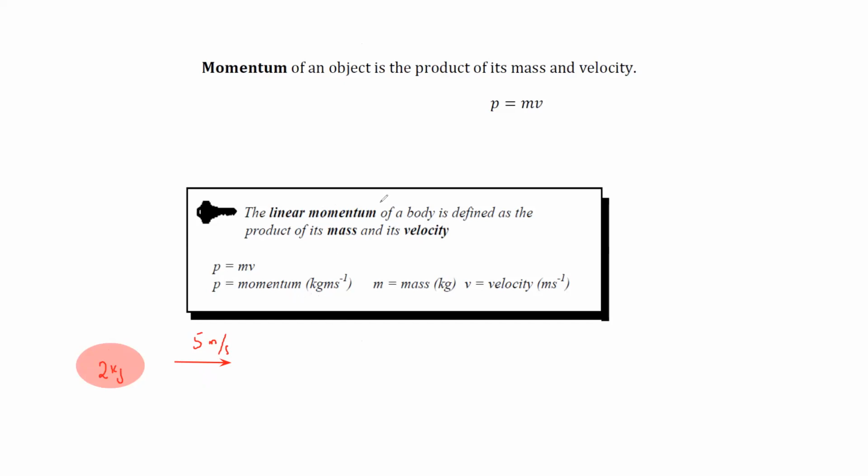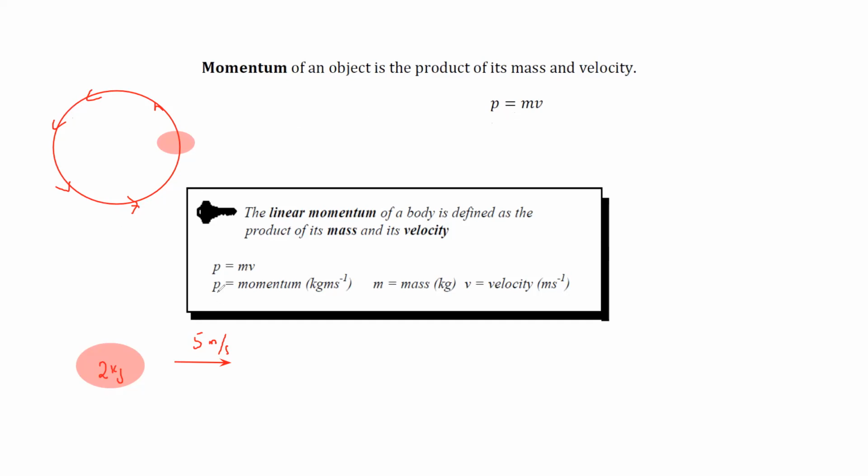Because momentum can be linear, it can be angular. Linear momentum means the object is moving in a straight line, whereas angular momentum means the object is moving in a circular path. So when an object is moving in a circular path, we call that angular momentum. In this session, we'll only discuss linear momentum. The term linear momentum means the object is moving in a straight line.